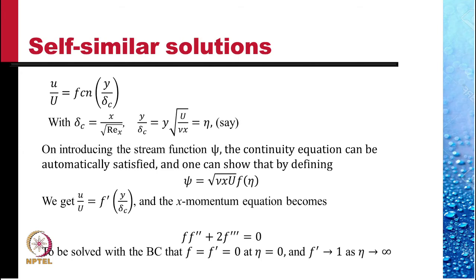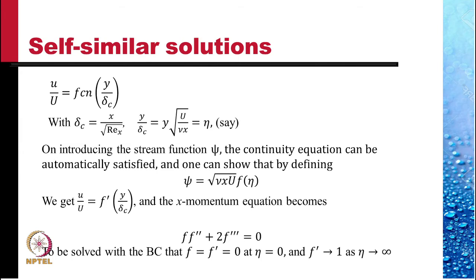And the x momentum equation becomes simply an ordinary differential equation of third order, f triple prime plus half f f double prime is equal to 0.